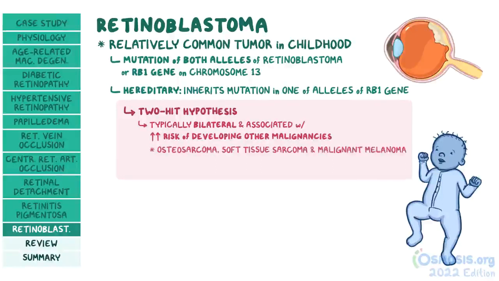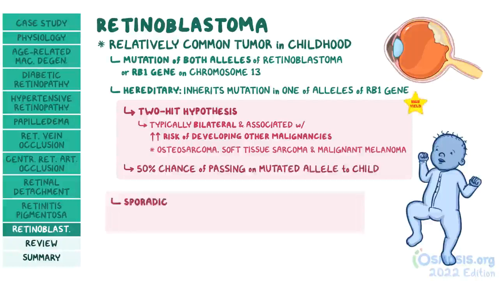Another high-yield fact is that an individual with hereditary retinoblastoma has a 50% chance of passing on the mutated allele to their child. Now, there are also sporadic retinoblastomas, which occur when two spontaneous mutations affect both RB1 alleles. For your exams, remember that sporadic retinoblastomas tend to be unilateral.